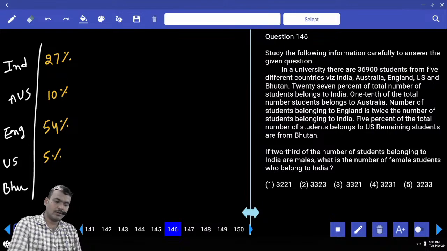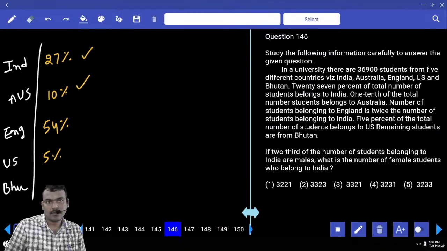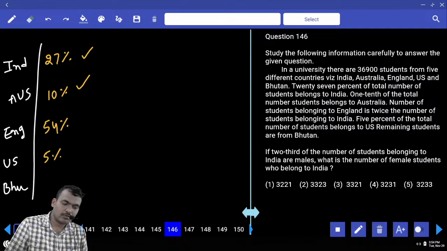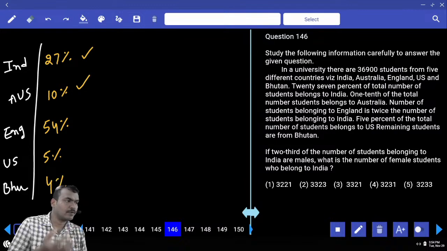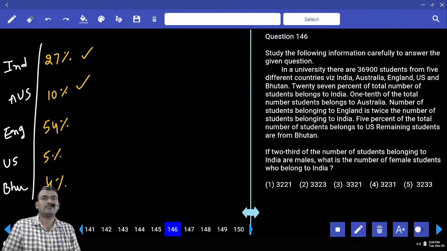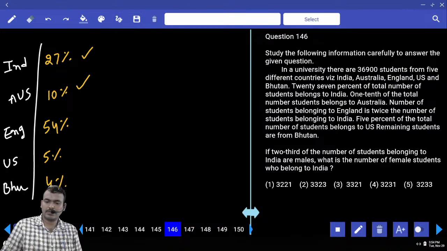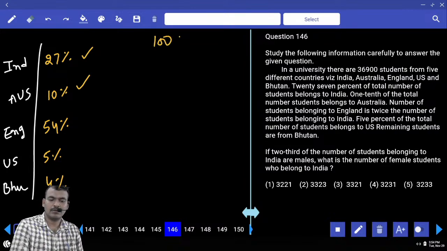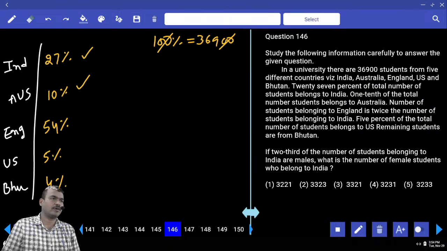Okay. 27 plus 10, 37 plus 54, 91. 91 plus 5, 96. What are the remaining? 4% or not? Okay. Total how much percent? 100%. That is equal to 36,900 or not? Then every 1% is how much? 369. Suppose if you get the answer 4%, then we write 4 into 369.